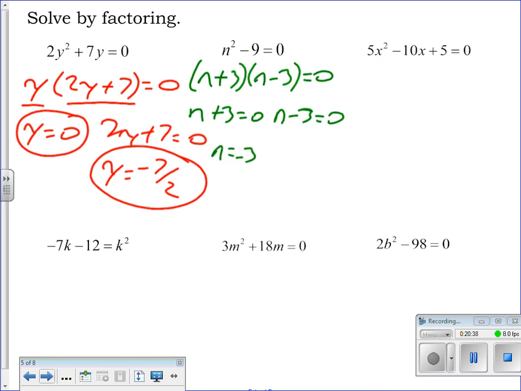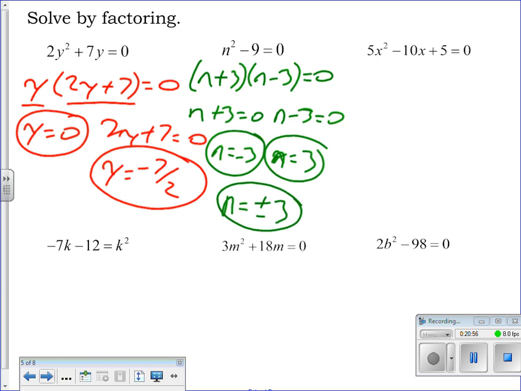So n equals negative 3 and n equals positive 3. 2 answers, 3 and negative 3. And if you want to get fancy, n equals plus or minus 3, which is still 2 answers, right? Plus or minus, 2 answers.